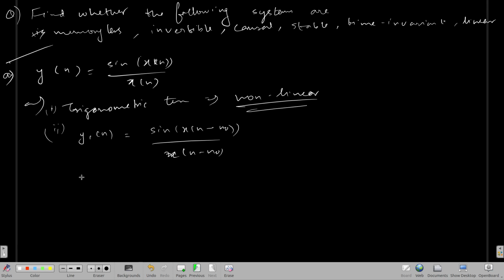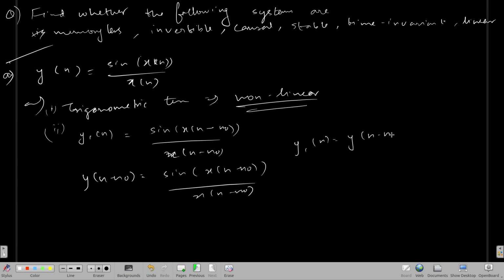And if you want the output to be shifted, what should be the function, right? So that is y1 of n equal to y of n minus n0, which implies this is time invariant, right? So we checked two properties.